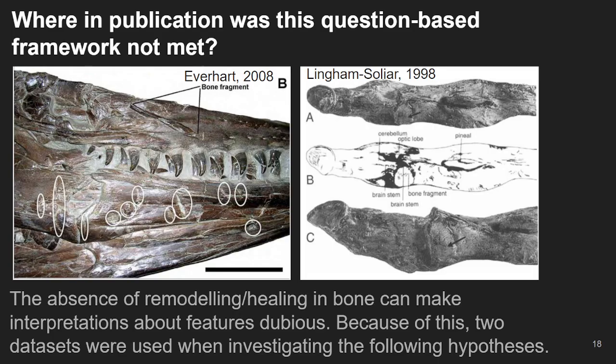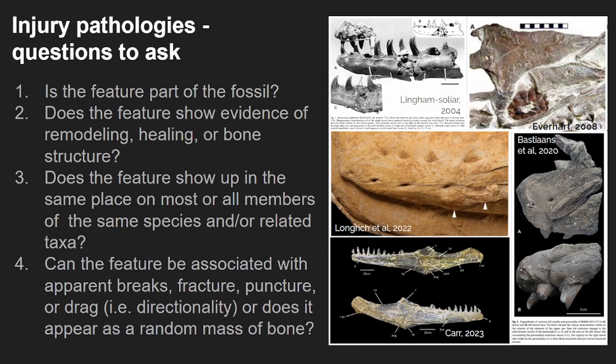So now that we have our way of knowing where there is injury pathology on bone, I would like to point out two occurrences in particular in the literature that cited aggression from mosasaurs on other mosasaurs that do not meet all requirements, and in particular, they do not meet the second requirement, which is that they don't show evidence of remodeling or healing.